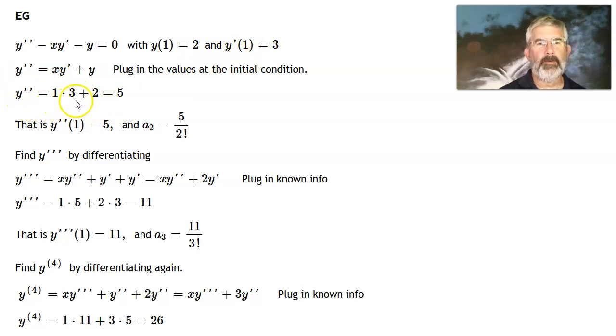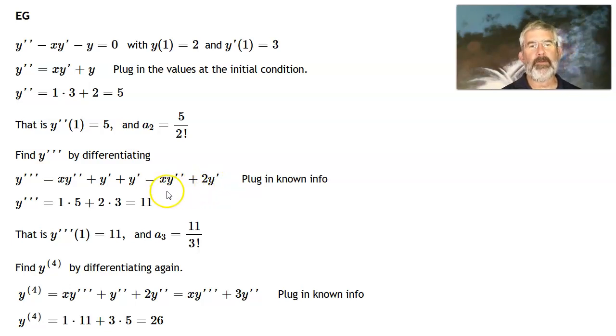So there's x, there's y prime, and there's y. And this time y double prime is 5. So with y double prime of 1 equals 5, then the second coefficient, a2, is 5 divided by 2 factorial. Differentiating, this doesn't look any different than it did before. It's the same function, and the derivative is the same here.